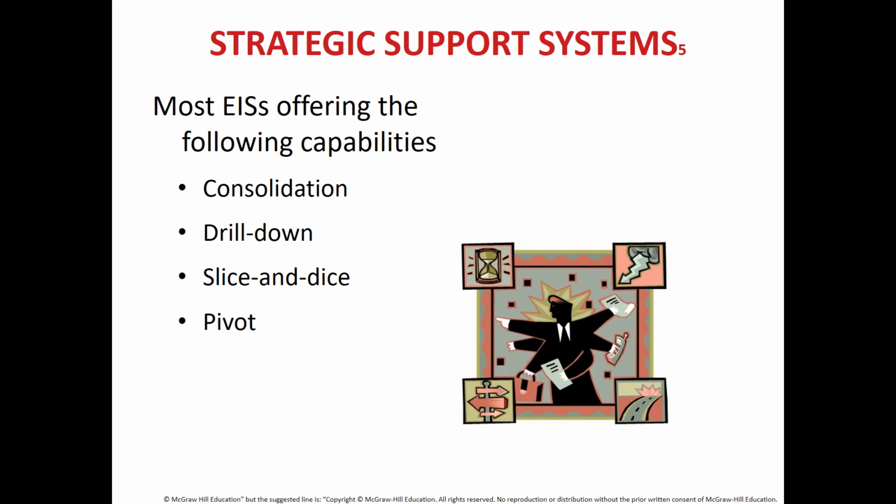Drill down capability enables the users of an EIS to get details, and not only that, details of details, and so on. For example, let's say the executive managers are looking at the balance sheet or the income statement, and from there they want to know about a specific product, what the sales are, what the expense rate is, and so forth. So they may start digging into the balance sheets or income statements, and from there they try to get the breakdown, or the revenue breakdown, of that particular individual product.